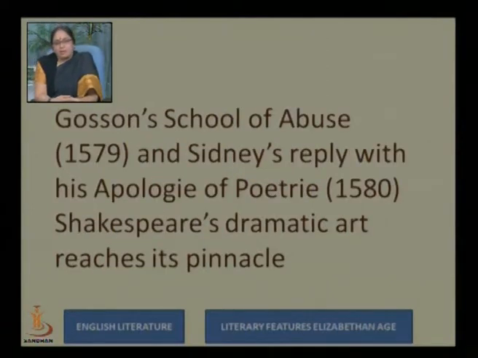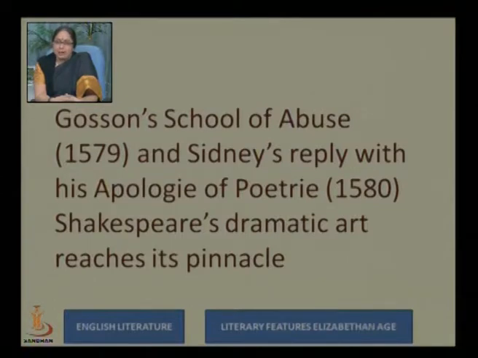After having discussed drama, we would definitely like to talk about the criticism part. Critical works were also written during this period. In 1579, Gosson's School of Abuse was published, and there was this rebellion against the drama form specifically, or poetry form, or literature in fact.